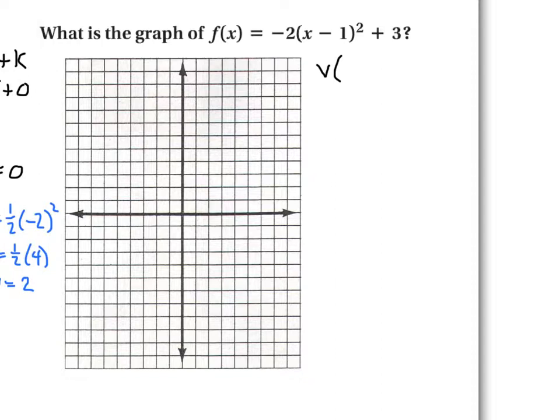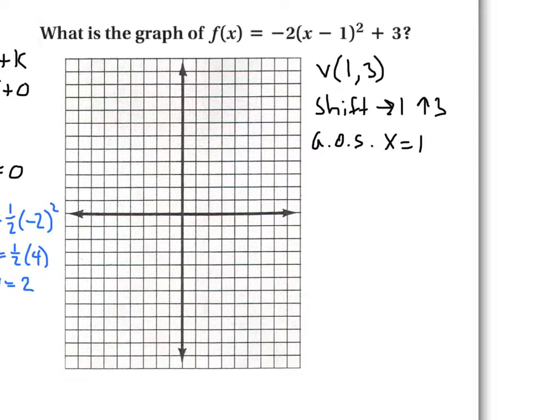Remember, x is hexed, y is y's. So 1, 3. What does that tell us about the shift? Right 1, up 3. Very good. That vertex also tells us that our axis of symmetry has the equation x equals 1.